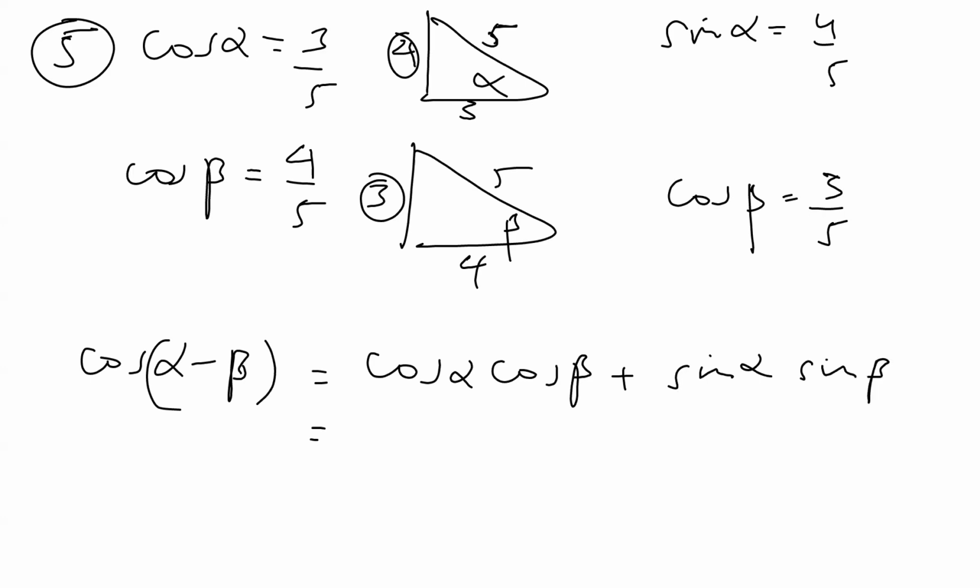So cos alpha cos beta, 3 by 5 into 3 by 5 is 9 by 25, plus sin alpha sin beta, 4 by 5 into 4 by 5, 16 by 25, 25 by 25 which is equal to 1. I think this should be sin beta. Sorry. Very sorry for this.